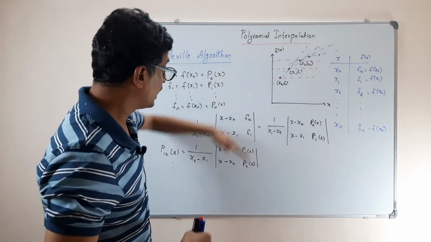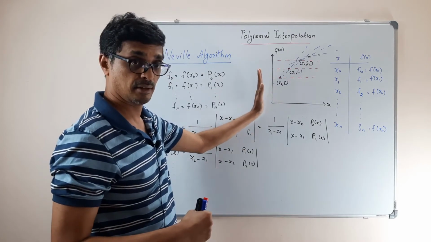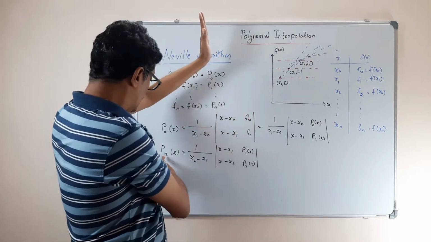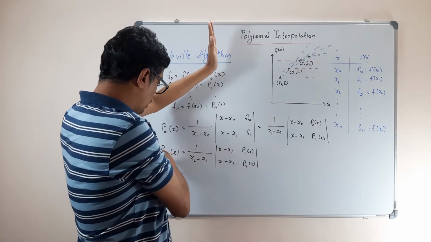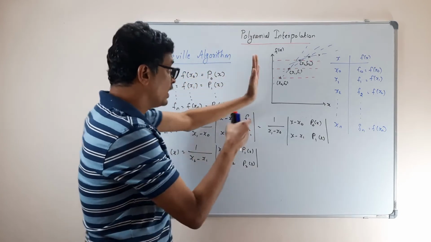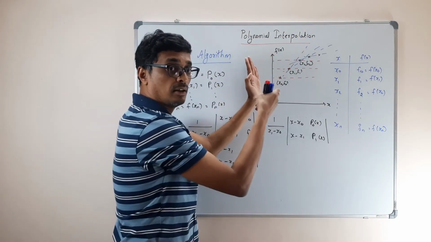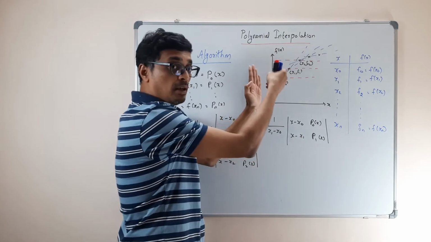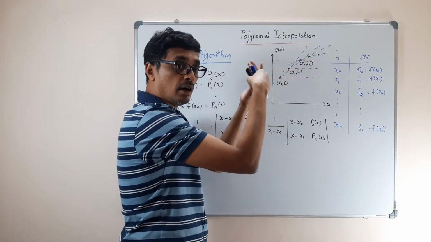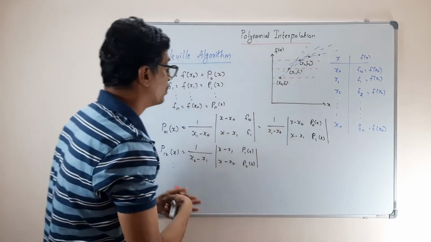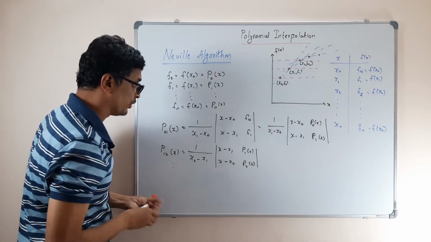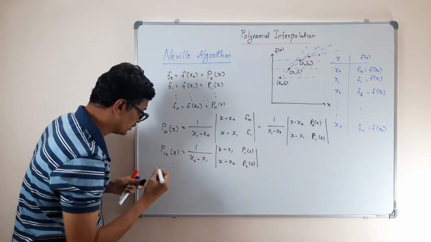Now let me redefine the axis in terms of the polynomial of degree 1. Then I will draw straight lines, and that will be a polynomial of degree 2.